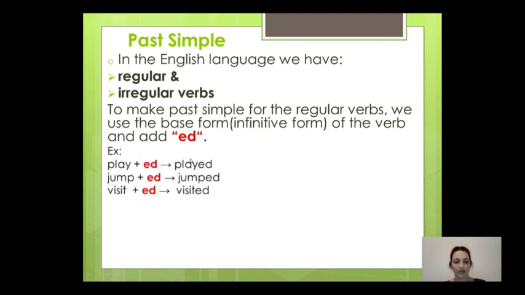Like in these examples, play, which is the infinitive, we add the suffix ed and thus we get played. Jump plus ed, we get jumped. The same rule applies to visit. Plus ed, we get visited.